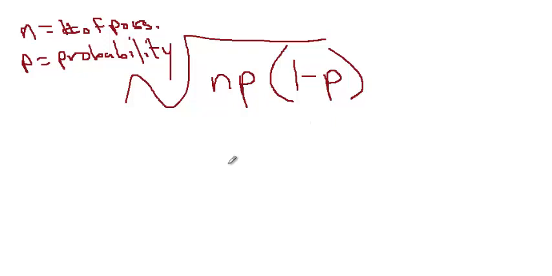In other words, it's a little simpler because it's binomial. There are only 2 possibilities.